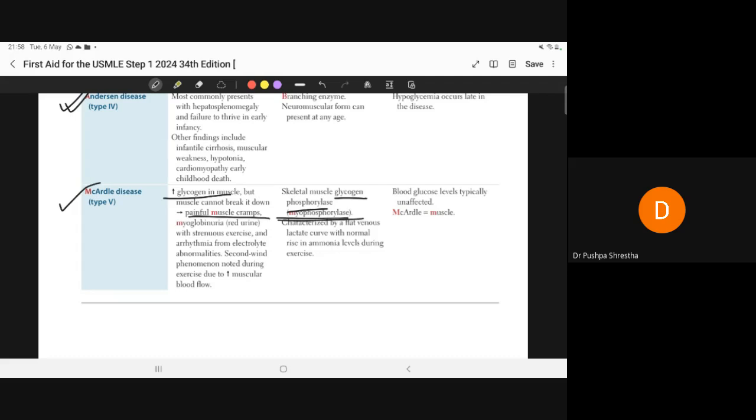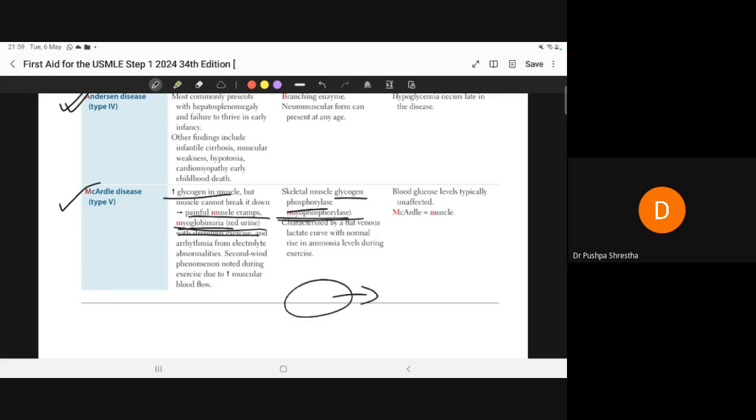This makes sense. Myoglobinuria: when you do intense exercise and cannot contribute to your glucose or energy, you break down your muscle. So it contributes to myoglobinuria, red urine, especially with strenuous exercise. This is something very general to all disorders.